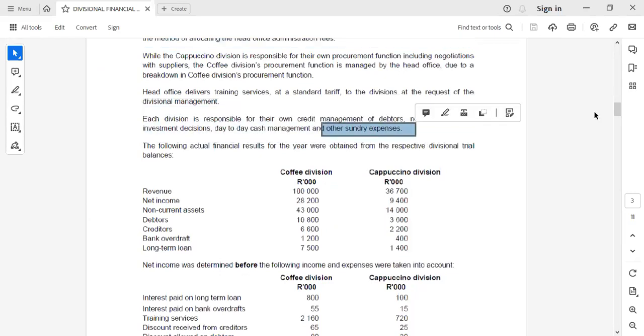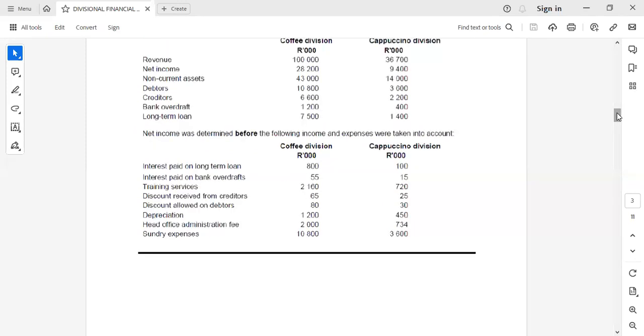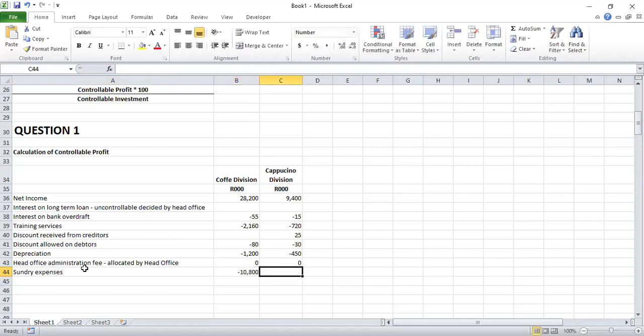So that will be a controllable expense. Right, so then we can get our controllable profit.